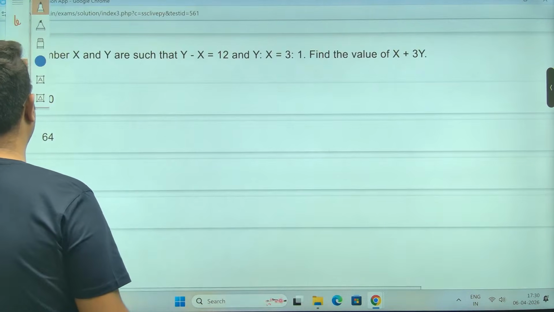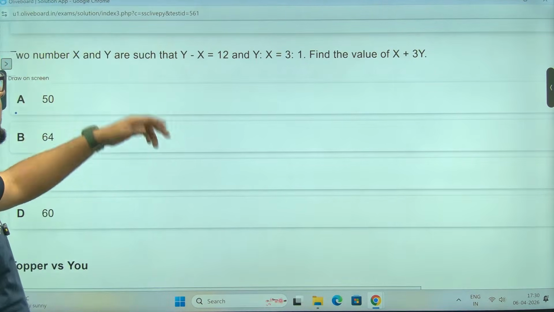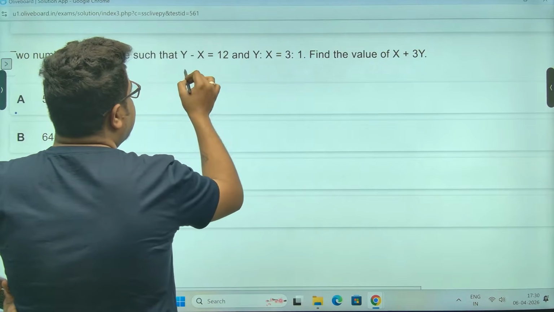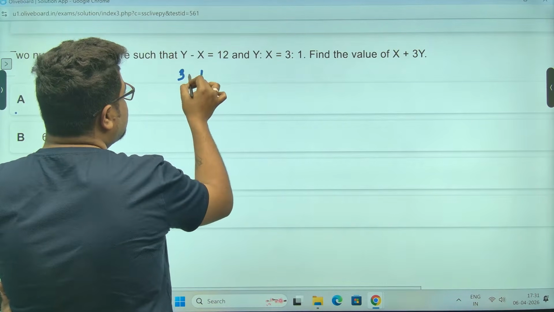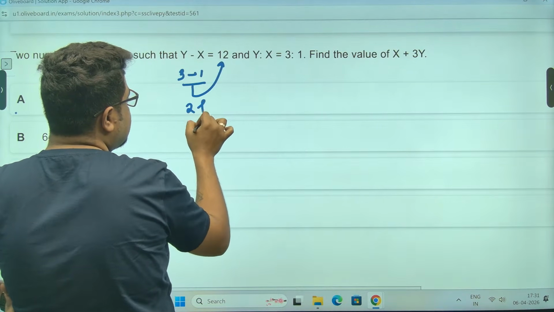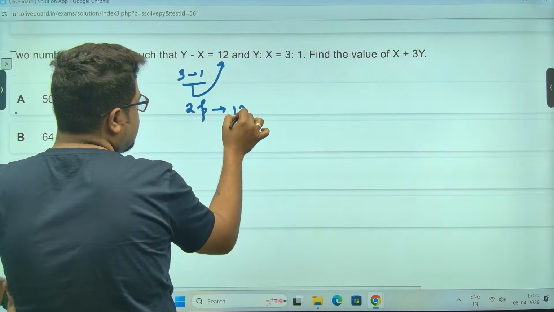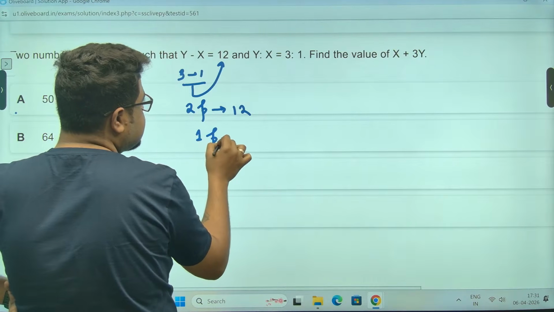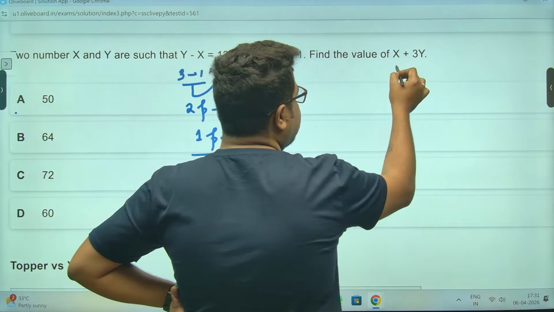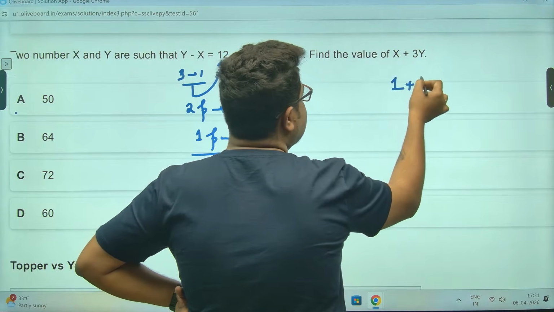Ratio. Two numbers. This is given. Sir, y is 3 parts, x is 1 part. So 2 part is 12. 1 part is 6. So again, x is 1 part, 3y is 9 parts.